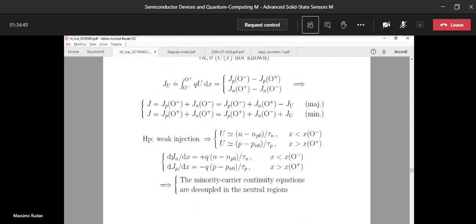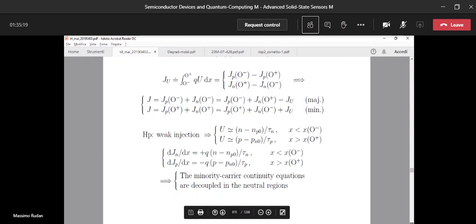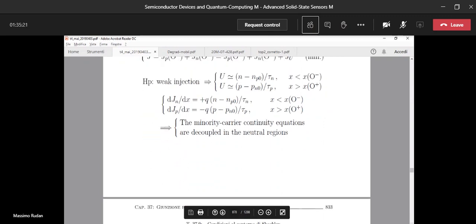This equation must be solved between the left contact and the abscissa of O-, in the neutral region of the p-type. Of course, this equation by itself is insufficient because there are two unknowns. One is n and the other is Jn. So now we must couple this equation with the transport equation for the electrons.